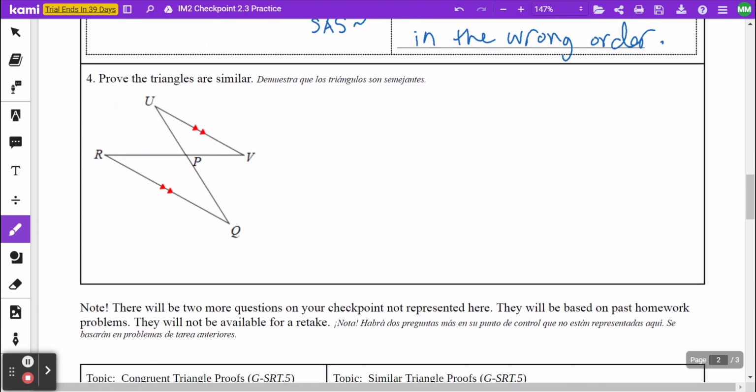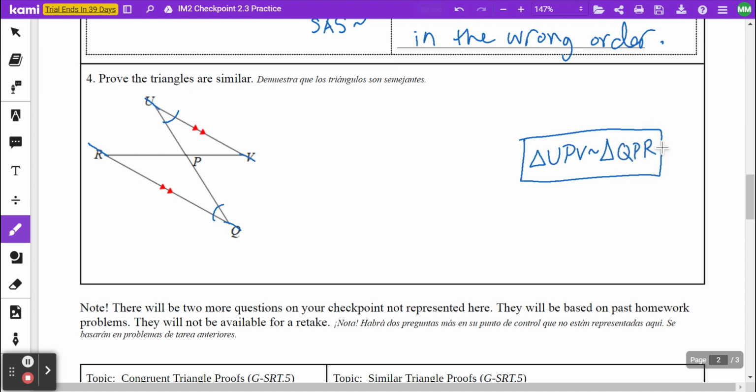Prove the triangles are similar. Okie dokie. Well, I see that we have parallel lines, and that allows me to use alternate interior angles, so I'll use these two. Okay, I think we're going to be using angle. So I'm going to start at the end, which is what I usually do, and say that triangle UPV is similar to triangle QPR.